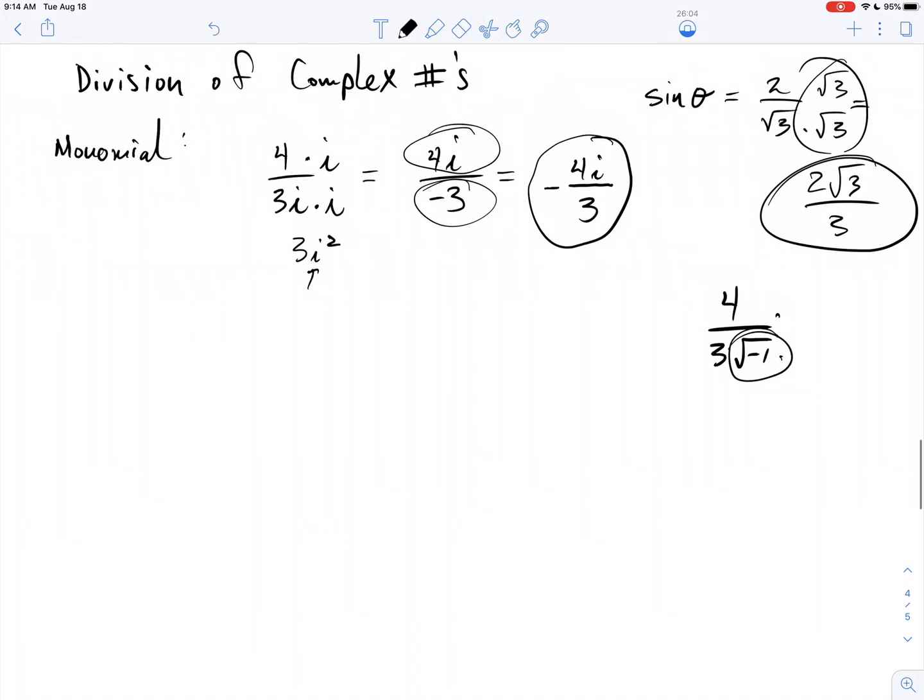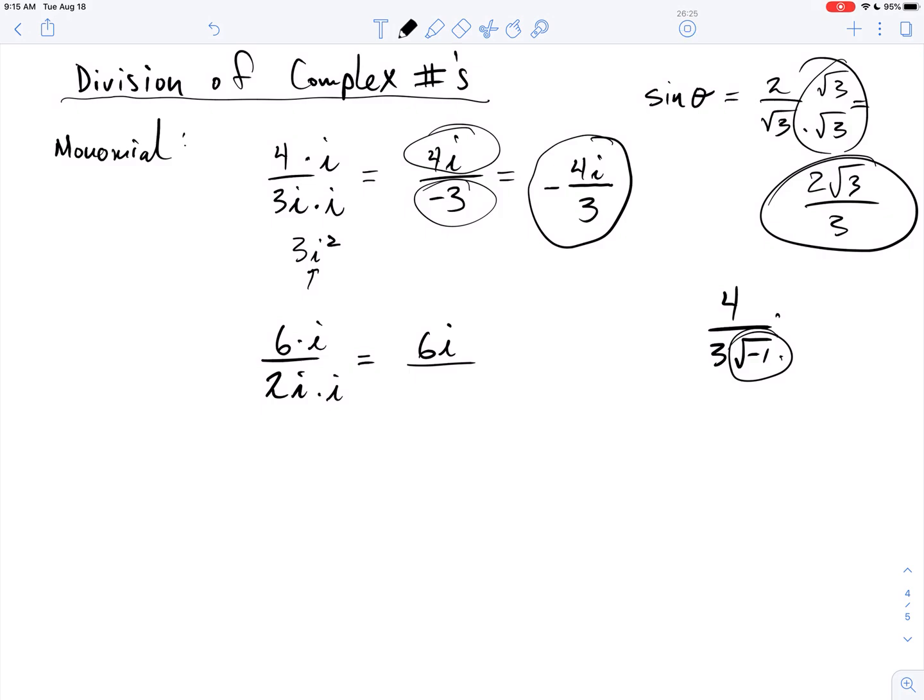When I do division of complex numbers, I don't want to lose where I'm at, with a monomial, something like this. How about 6 over 2i? Well, I say can't have an i in the bottom, so I multiply top and bottom by i. That gives me 6i in the top.